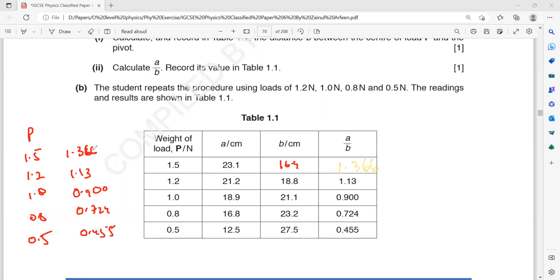If I convert them into two decimal places to plot a graph, for example, this will become 1.37, this will be 0.72 and this will be 0.46.